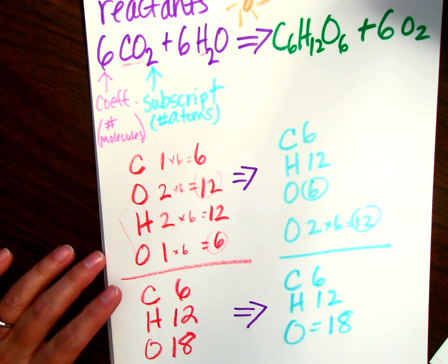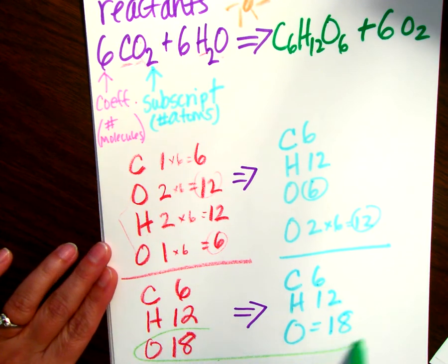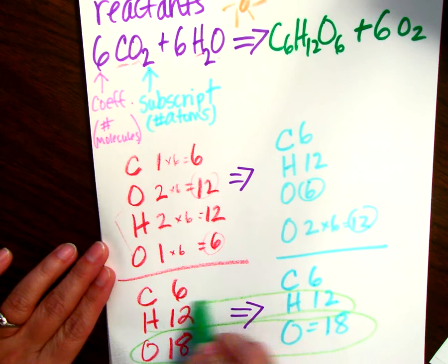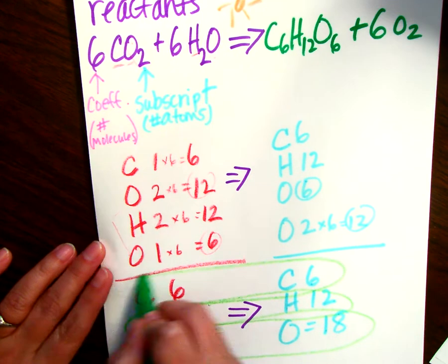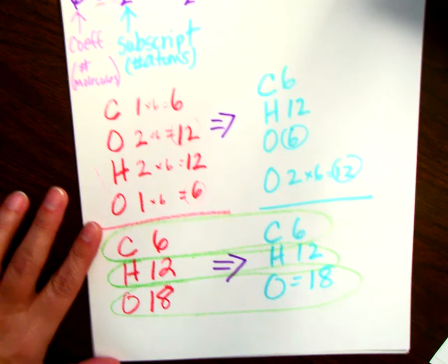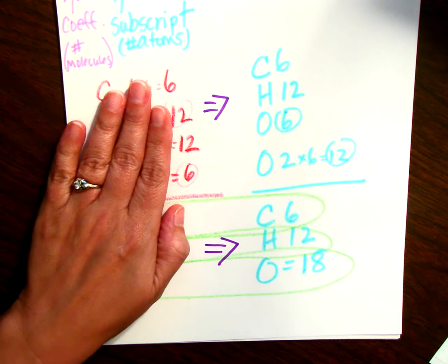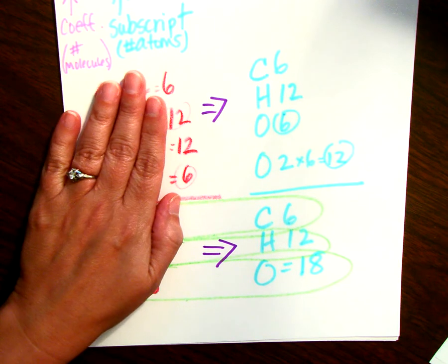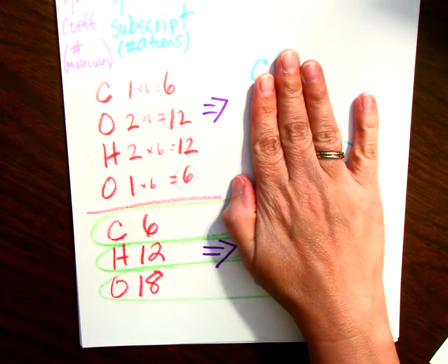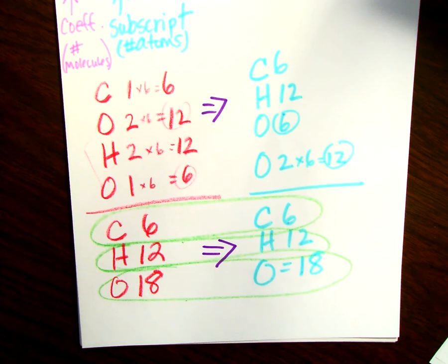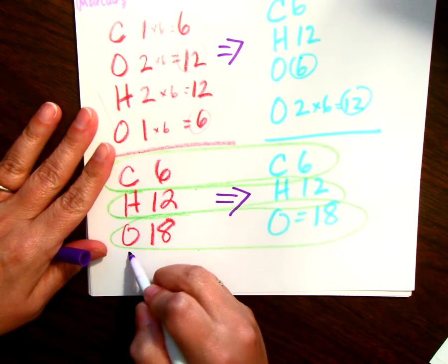Ooh, let's see. That's equal, that's equal, that's equal. Okay, so the amount of atoms before the chemical reaction is going to be the same amount of atoms after the chemical reaction. And this has a name. This is called the law of conservation.